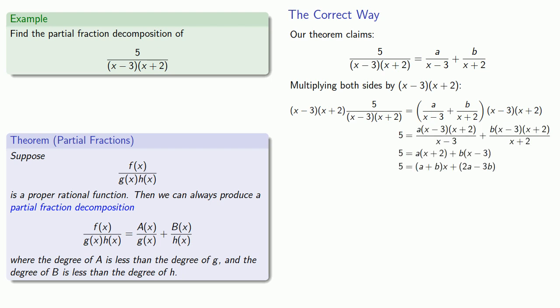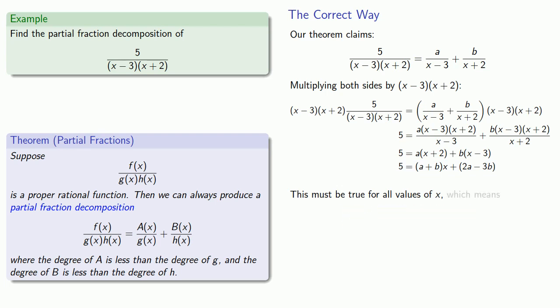Now, it's important to understand that the equals in this case means that we want the rational function to be absolutely, completely 100% interchangeable with this sum of rational functions. And that means that 5 must equal a plus b x plus 2a minus 3b for all values of x.